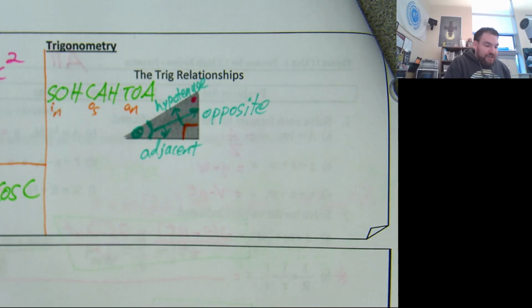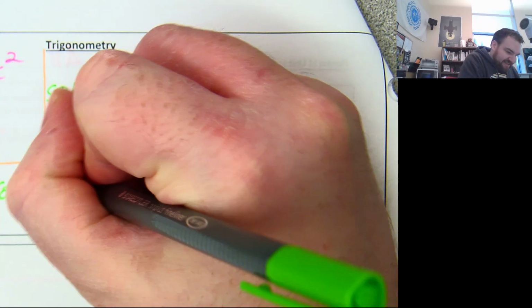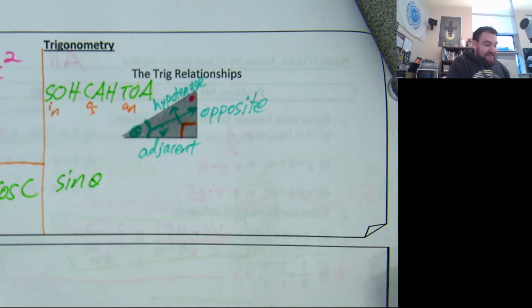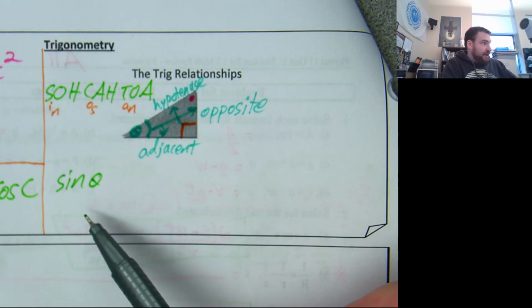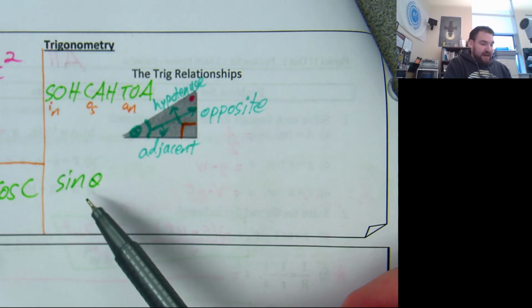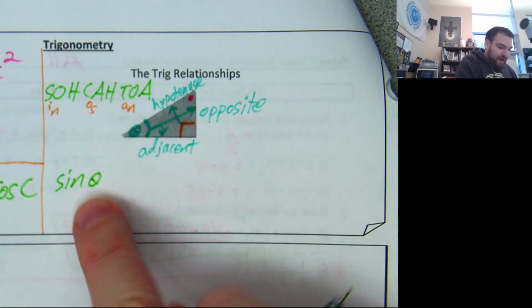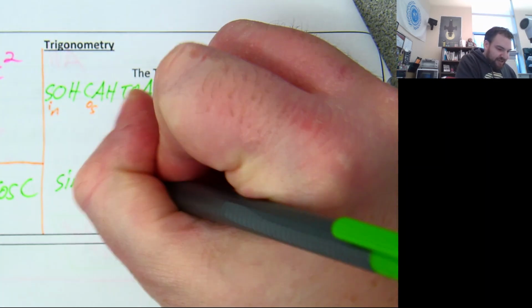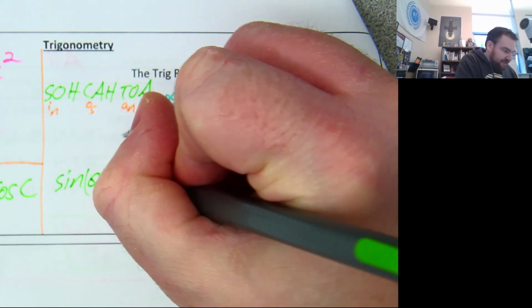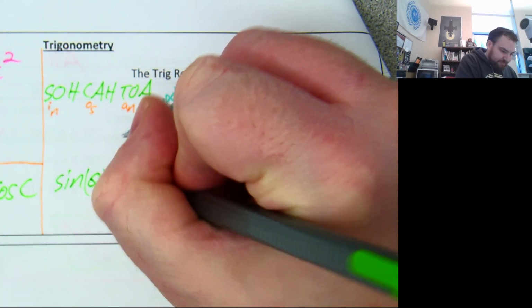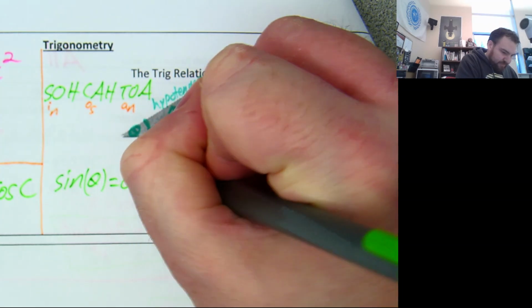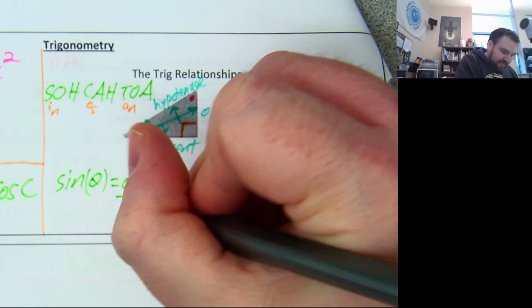And then the way these ratios work is that the sine of that angle, and sine is just an operation done on your calculator, the sine of that angle, whatever it is, is going to be equal to the length of the opposite side divided by the length of the hypotenuse.